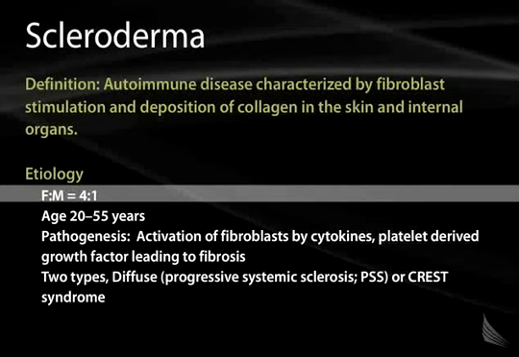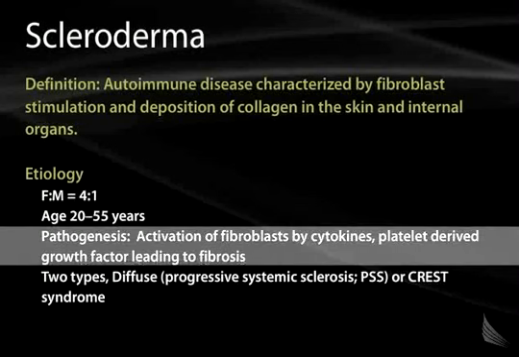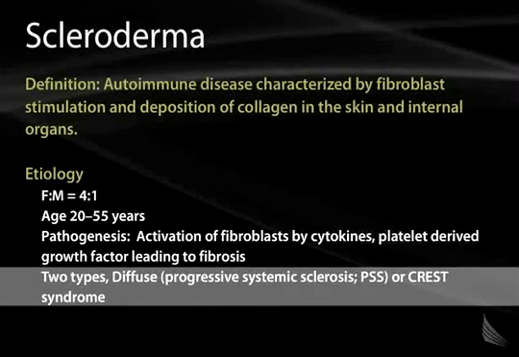And again, young to middle-aged women are more susceptible to get scleroderma. The pathogenesis is an activation of fibroblasts by cytokines and platelet-derived growth factor, leading to systemic fibrosis. The diffuse or progressive systemic sclerosis subtype is one subtype of scleroderma, or limited scleroderma, or the CREST syndrome, will be discussed in just a moment.